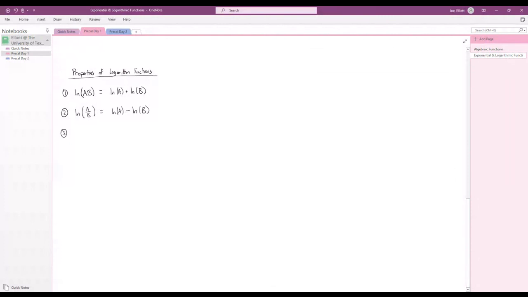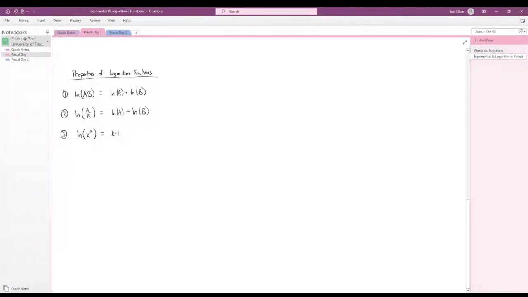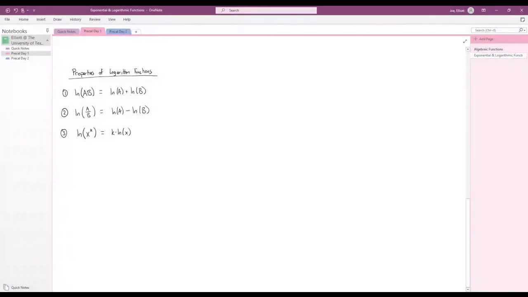Another property of logarithm functions concerns the logarithm of something being raised to a power. If I have the natural log of x to the power of k, I can take that power and move it out to the front as a coefficient. So the natural log of x to the k is equivalent to k times the natural log of x.